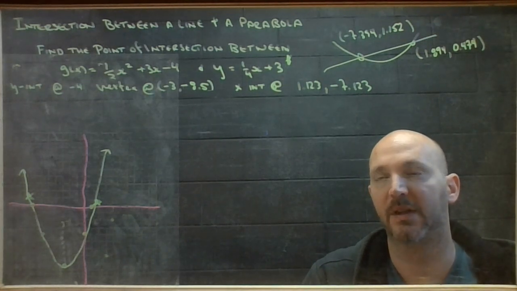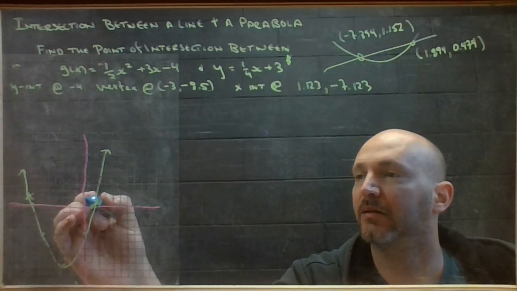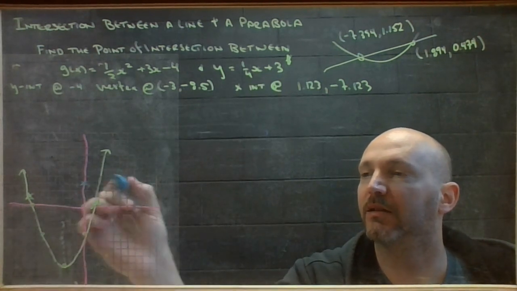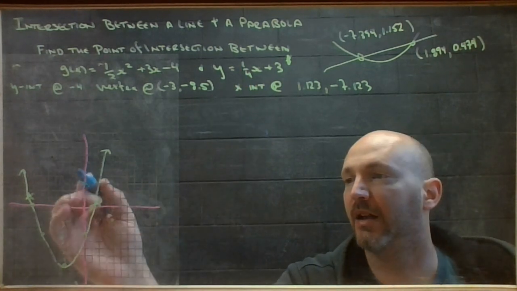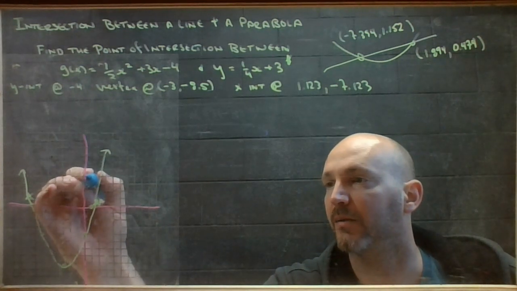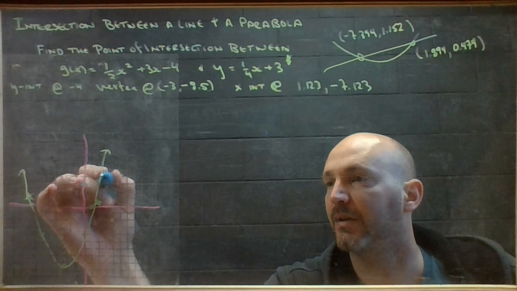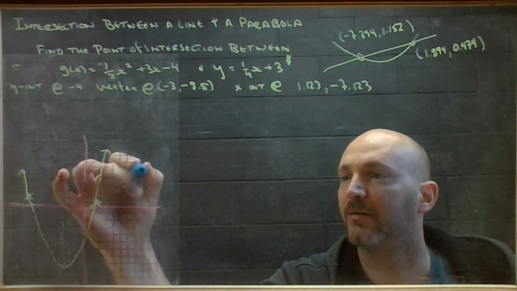Okay, so this line is supposed to have a y-intercept at 3, that's here. And it's supposed to go up 1 over 4 for every step. So up 1 over 1, 2, 3, 4. 1, 2, 3, 4.